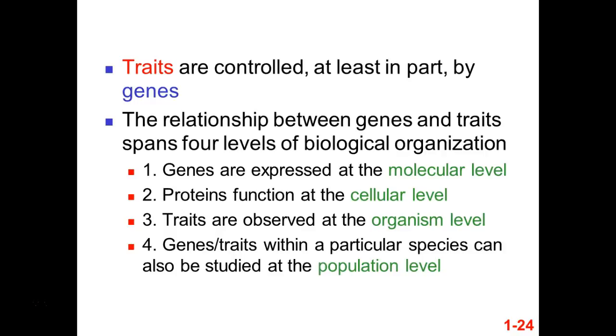Genes and traits within a particular species can also be studied at the population level. There have been studies done based on ethnicity. How many Caucasians typically have what blood types? Anyone know the largest percentage of blood type for whites? It's the most common blood type out of the ABO blood group.